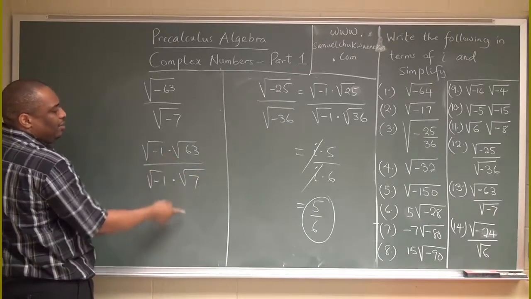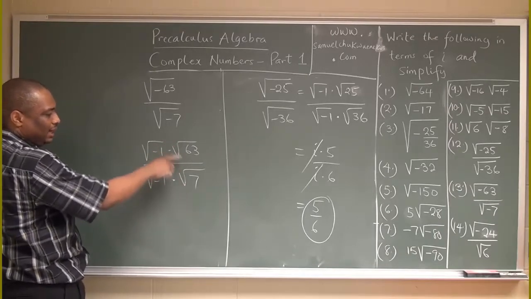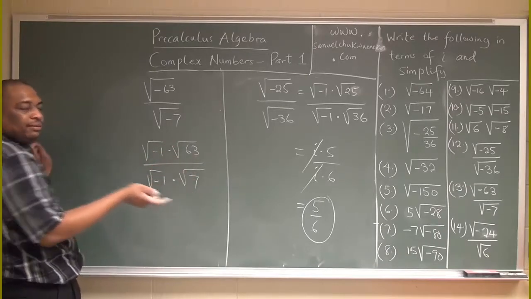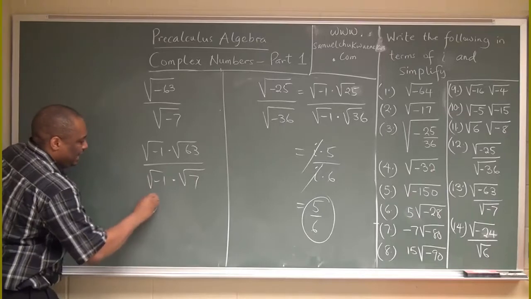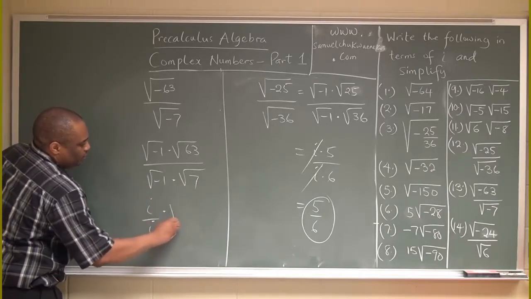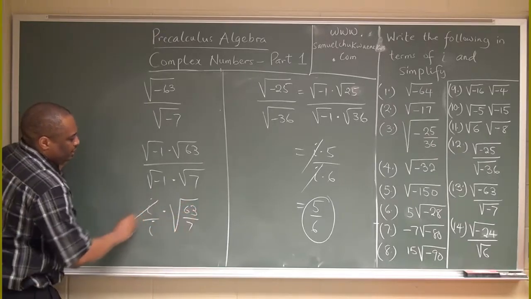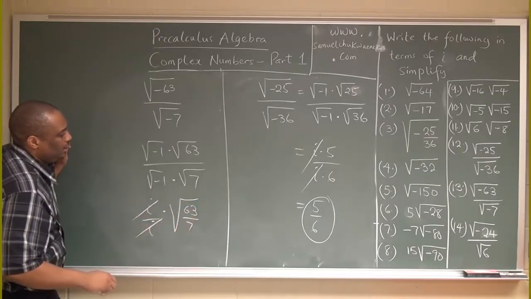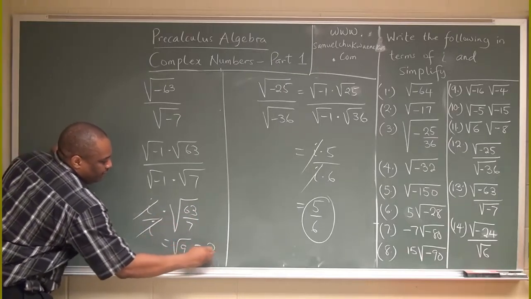Now, here you can do your radical sign. Because you look at 63, you look at 7. 63 divided by 7 is 9. You can go ahead and divide it. This means I over I times square root of 63 over 7. You can do it that way. So I and I is gone. So this is square root of 9, and that will give you 3.